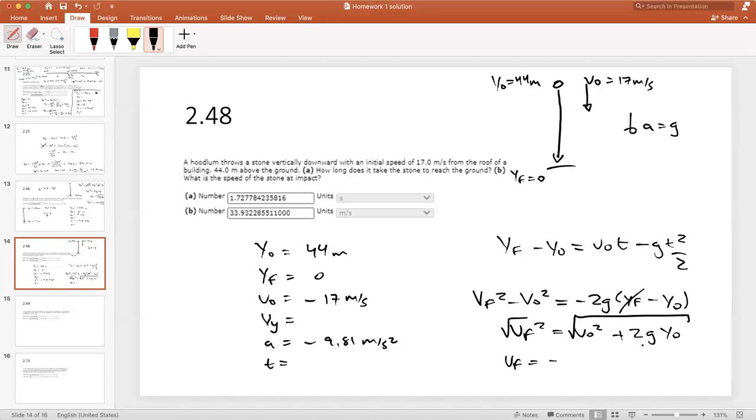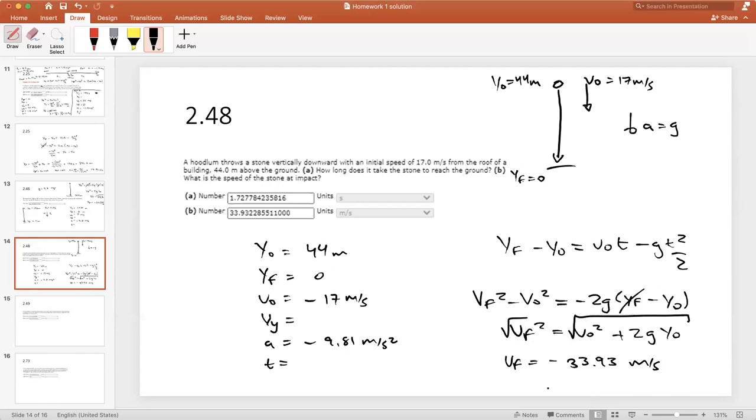V initial was 17, so square root of 17 times 17 plus 2 times 9.8 times 44. I get 33.93, which is exactly what they have there. Again, they're just listing the speed. The speed is the magnitude. So they're just asking for the magnitude of the final velocity, no sign.